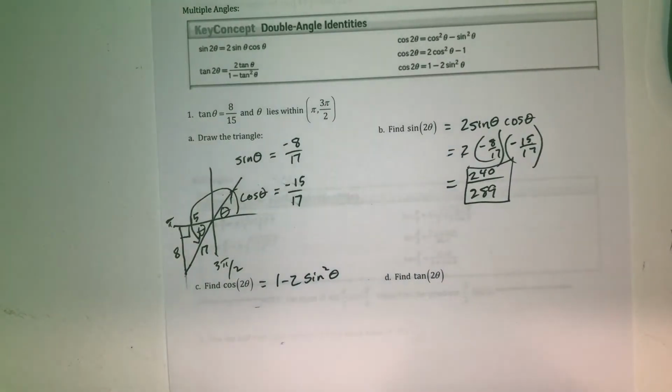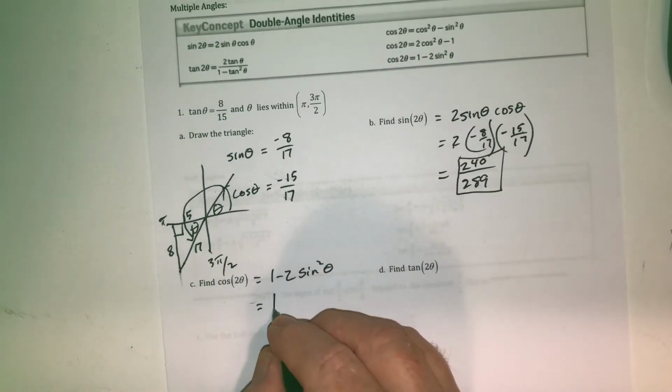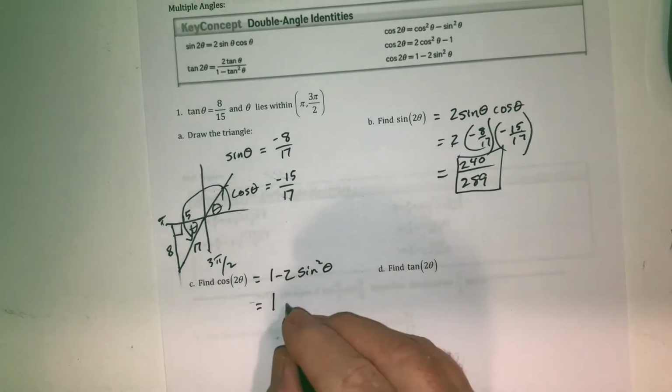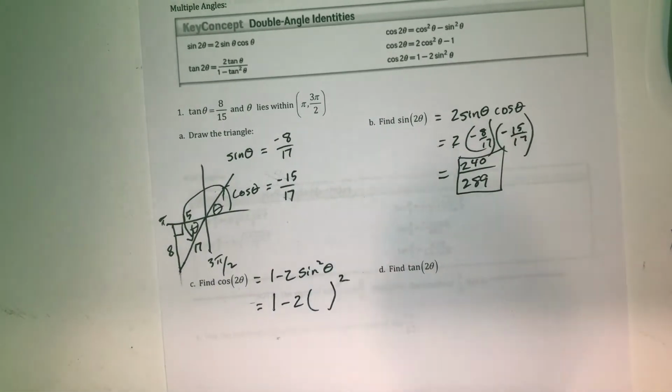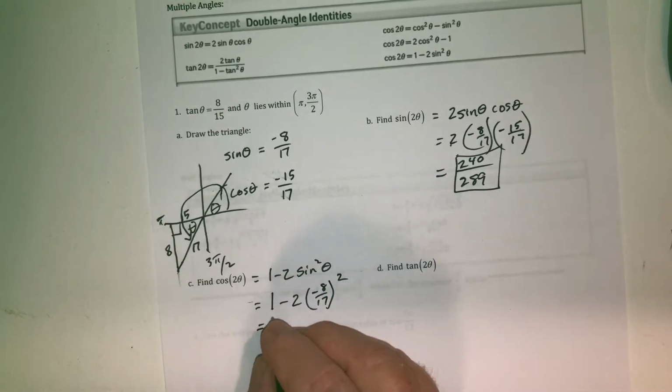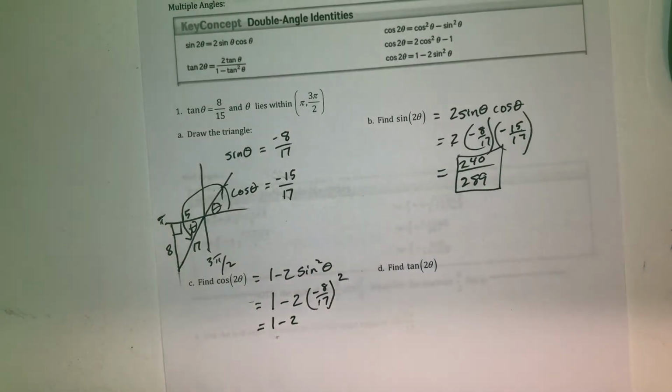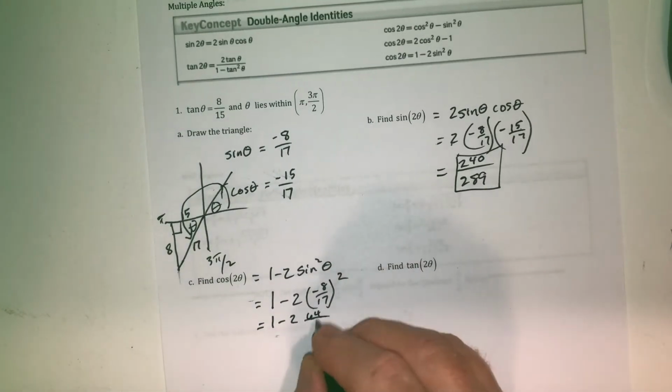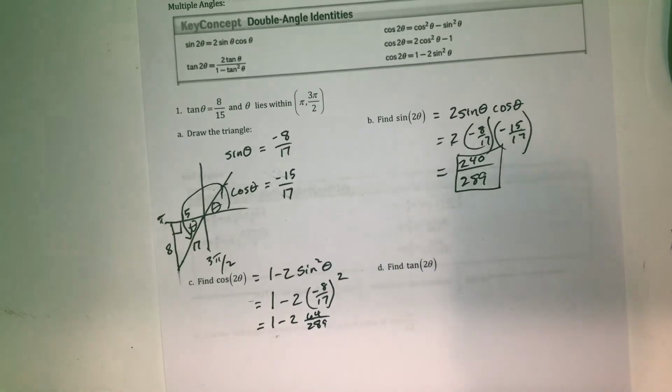All right. So that would be equal to 1 minus 2 times the sine squared. The sine itself is negative 8/17. So that would be 1 minus 2 times. A negative times a negative is a positive. 8 squared is 64. 17 squared is 289. All right.